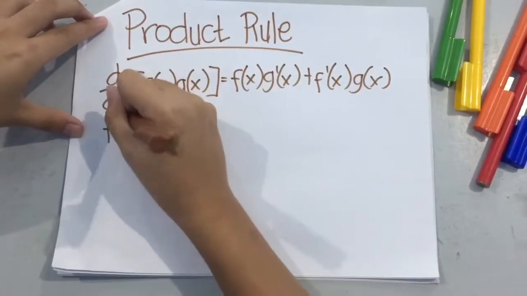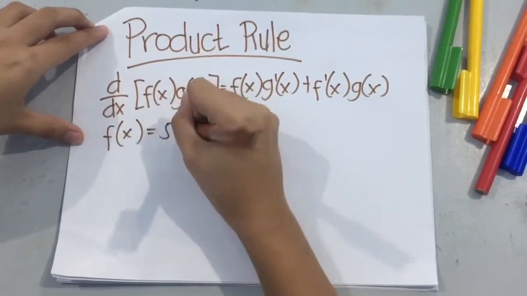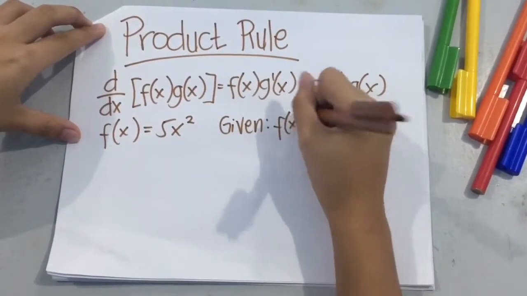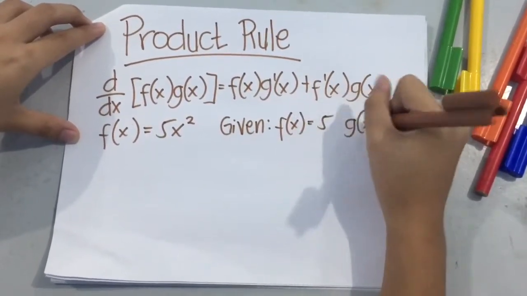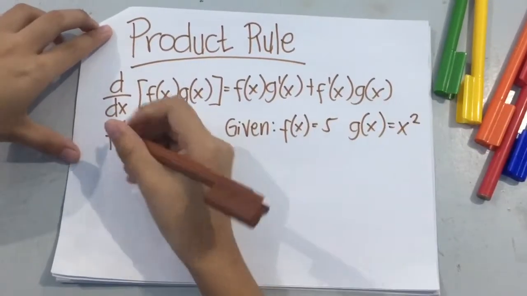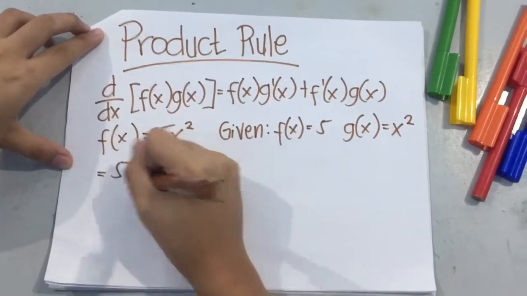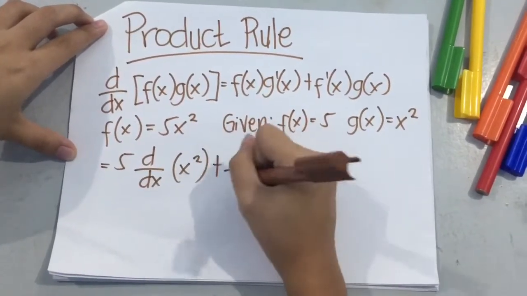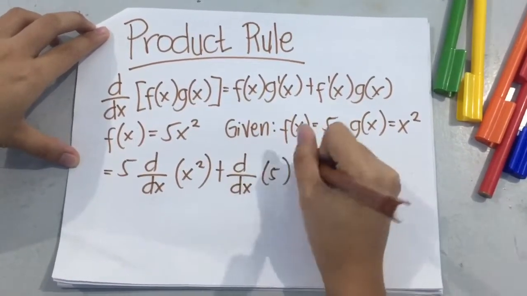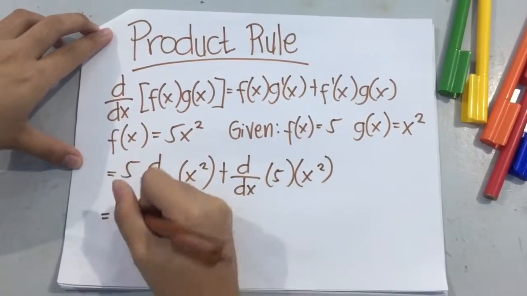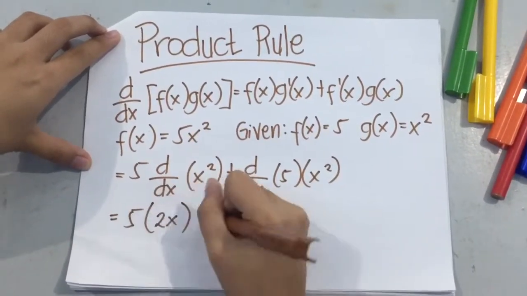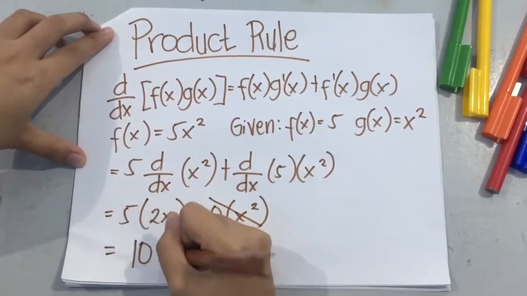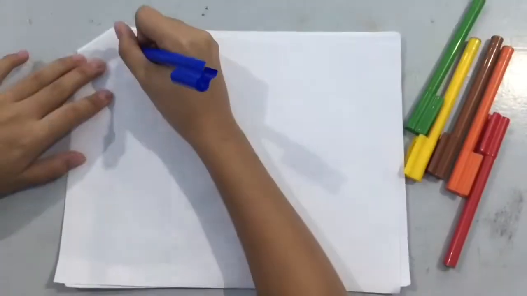For example, we have f of x equal to 5x squared. Use 5 as f of x and x squared as g of x. 5 times the derivative of x squared plus the derivative of 5 multiplied by x squared. 5 times 2x plus 0 multiplied by x squared. The final answer is 10x.